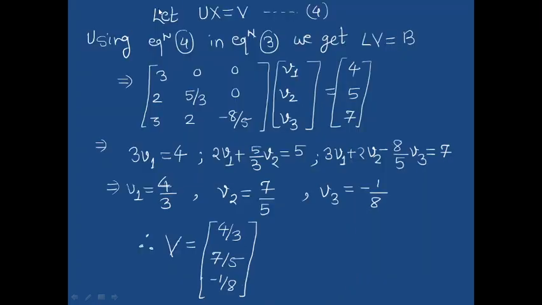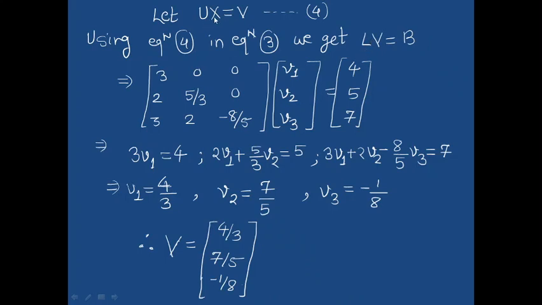Now step number 4. According to step number 4, we will have one more substitution, that is Ux is equal to V. Put this in equation number 3. It will take the form LV equal to B, because Ux is V, and LUx is equal to B was there.